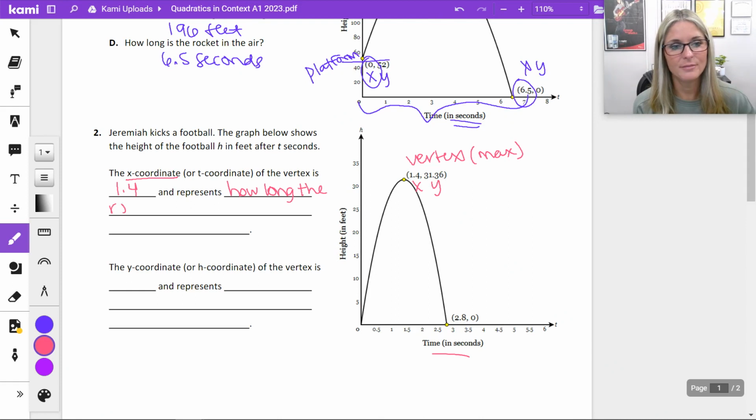the rocket has been in the air. And then there's another drop down box: at this point is at its vertex or at its peak. How long the rocket has been in the air at its peak.